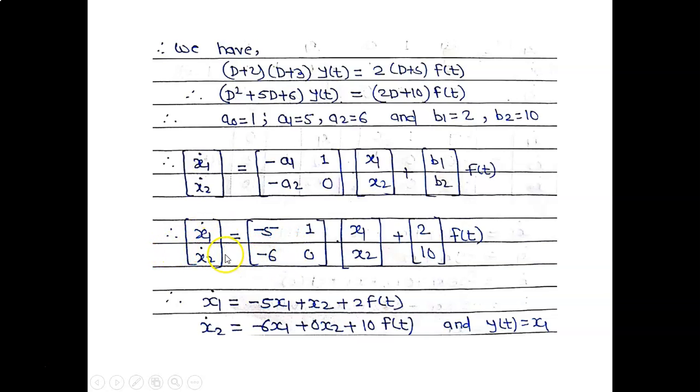From this matrix we get x1 dot is equal to minus 5x1 plus x2 plus 2f(t) and x2 dot is equal to minus 6x1 plus 0x2 plus 10f(t), that is minus 6x1 plus 10f(t), and y(t) is equal to x1. Therefore we will represent these three equations by using a computer diagram. At last our output y(t) should be equal to x1.